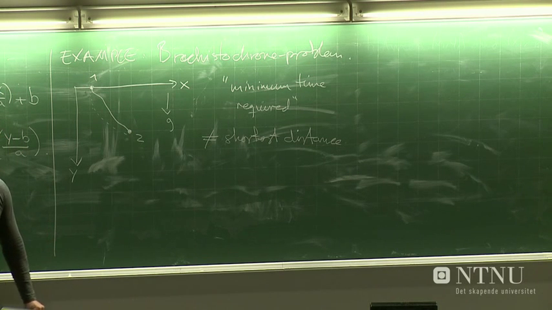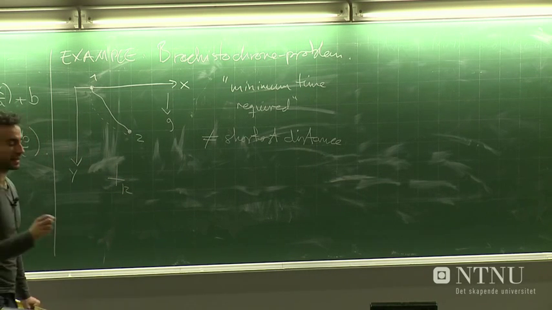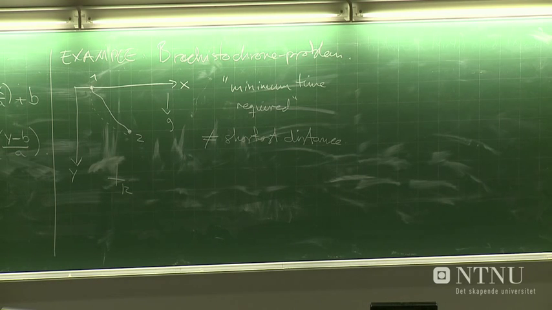Okay. So first of all, we have to identify the function which we're trying to find the minimum of. And this is t12, the time required to travel from point 1 to point 2.